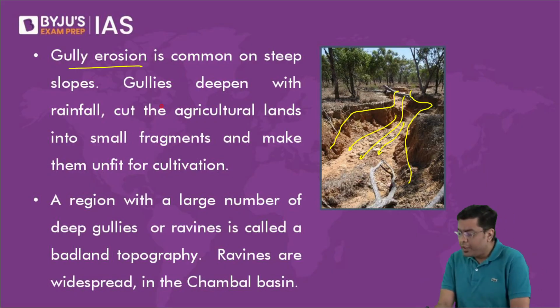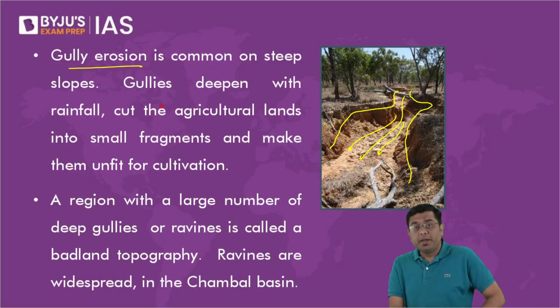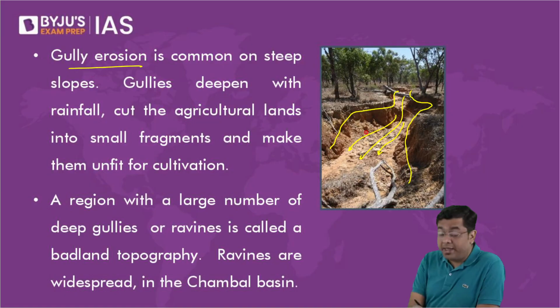Now, gully erosion does not mean that you have the presence of water here always. Generally, it is drier, right? But when rainfall happens, water from all the surrounding areas will accumulate in these gullies and there will be a flow. It will accelerate the rate of erosion of the surrounding soil particles as well.